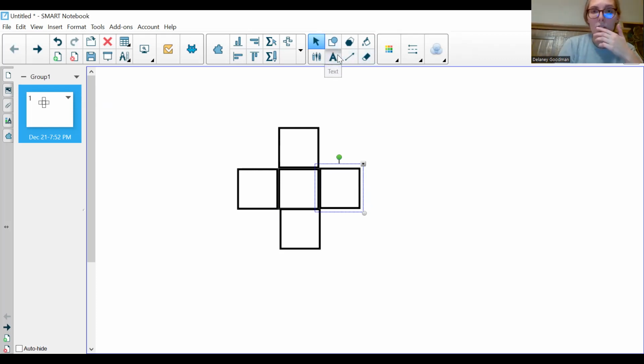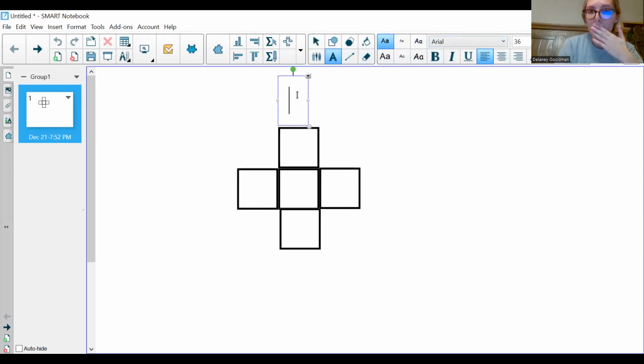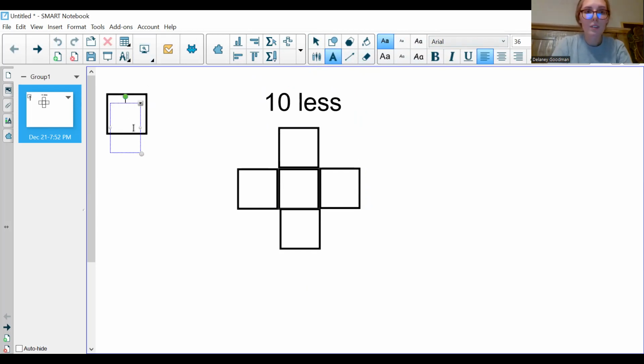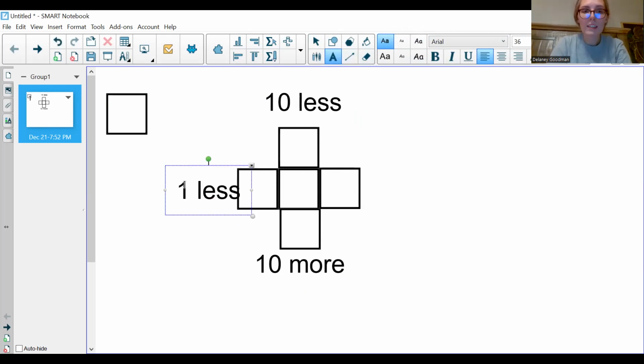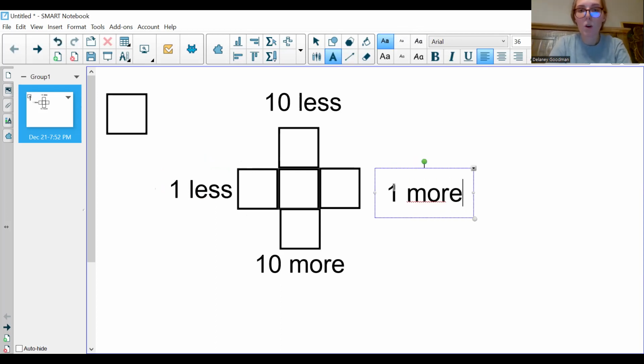And it is asking you to find 10 less, 10 more, then 1 less, and 1 more, okay?